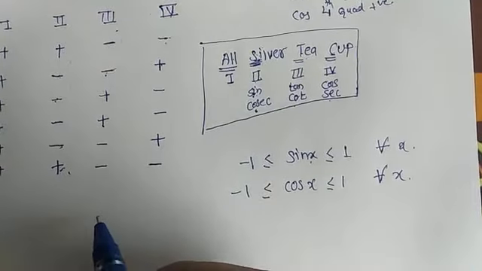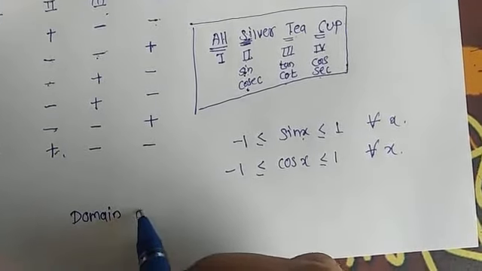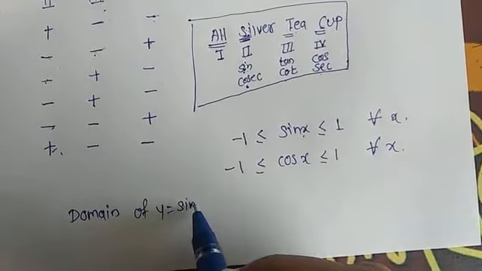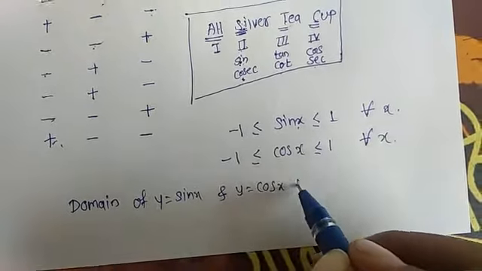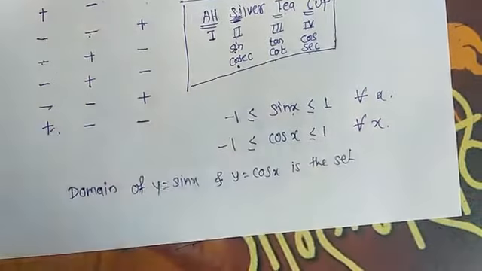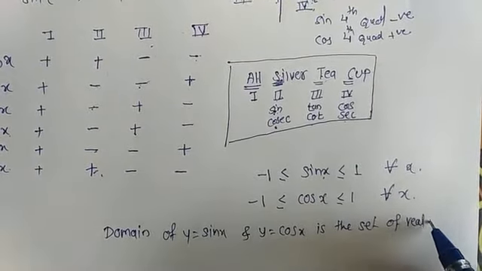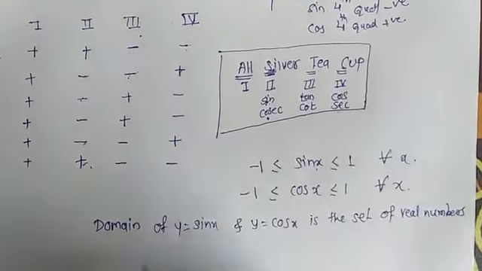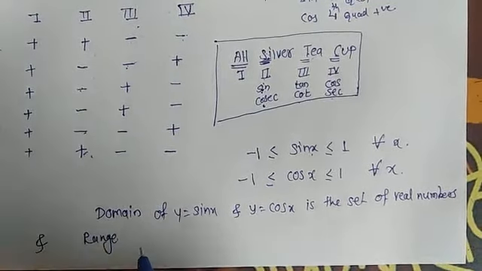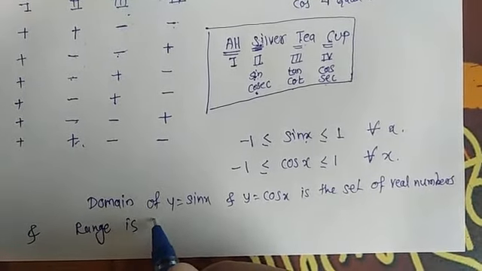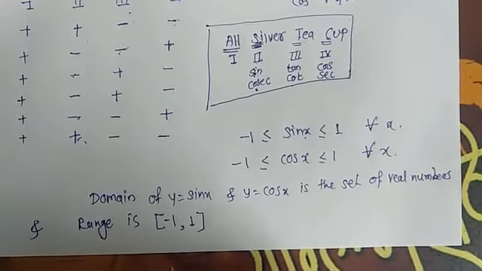So you can say that the domain of y equals sin x and y equals cos x is the set of real numbers, and the range is the interval [-1, 1].